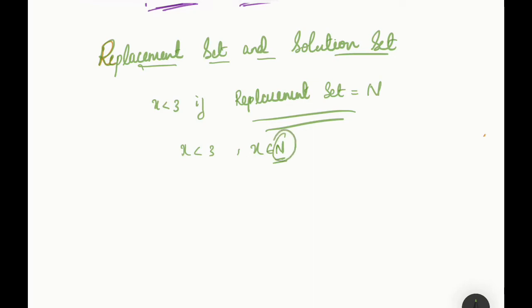Replacement set is here natural numbers, and a solution set. If it is natural numbers, what are the terms that come under x less than 3? It is 1 and 2. So this will be your solution set.